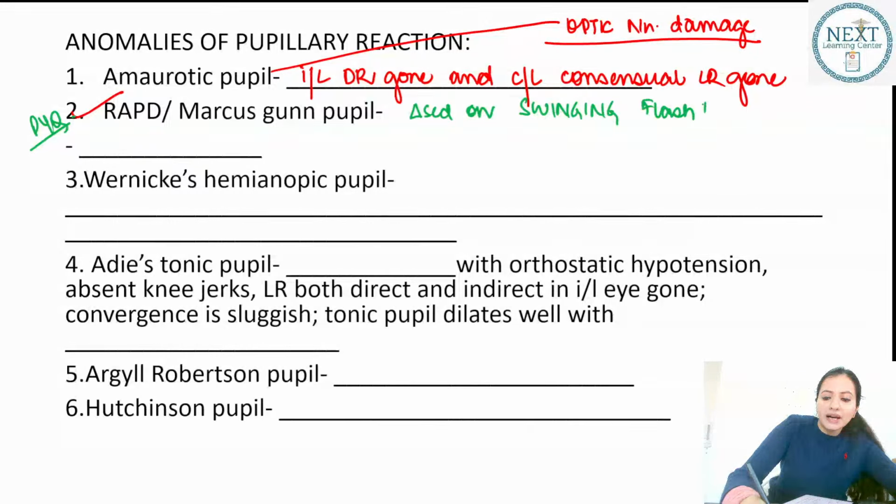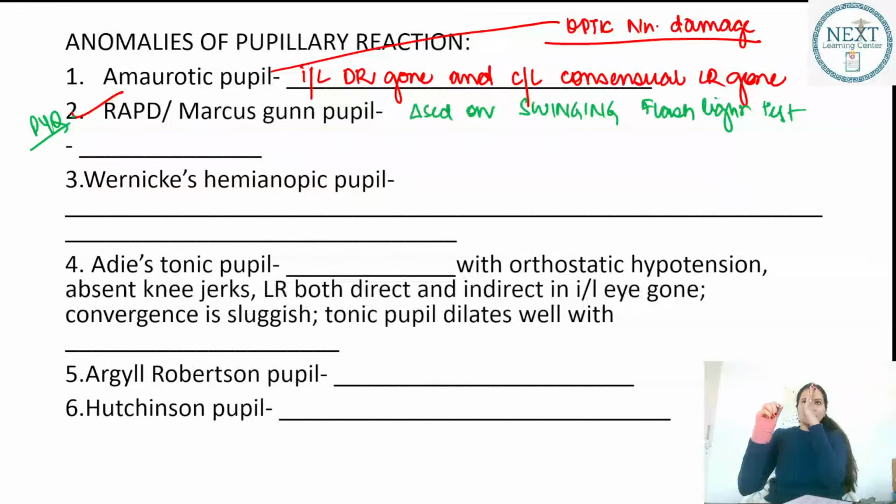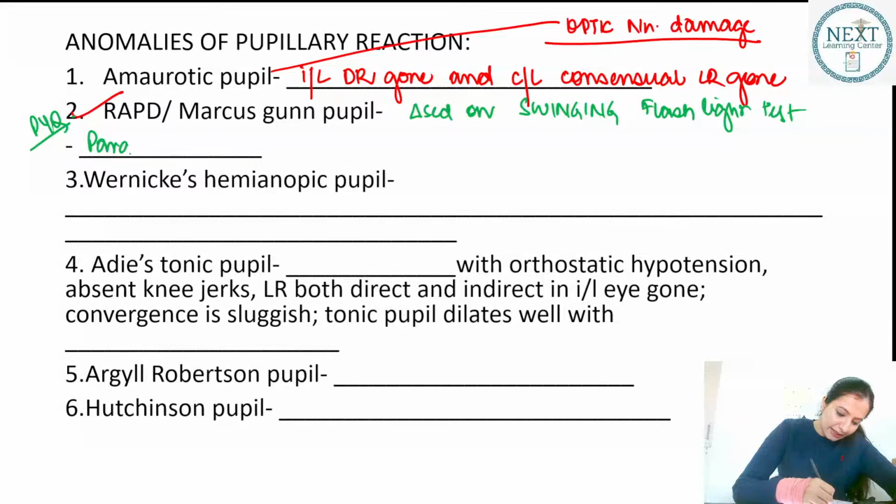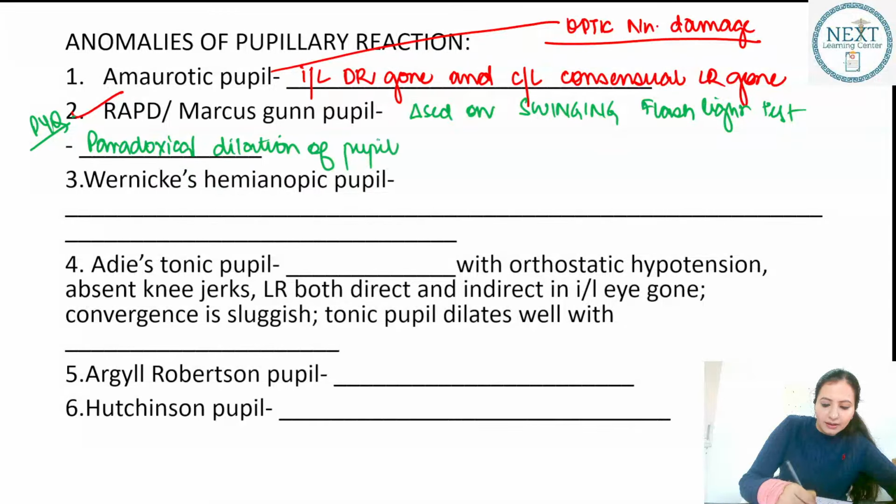So if you get an image in which a cardboard is placed here and torchlight is swinging like this, that is, they are testing your RAPD or the Marcus Gunn pupil. What happens in this? It is characterized by paradoxical dilatation of pupil when the light is shown in the eye.